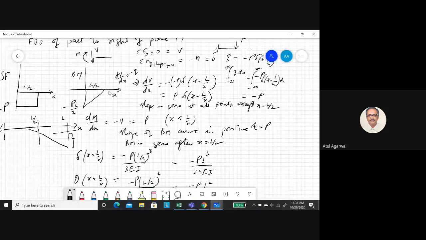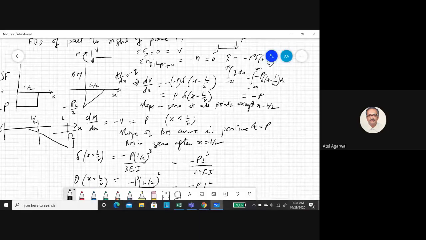So these equations work well for shear force and bending moment diagram. If you take the slope of this bending moment curve, it is equal to P, and shear force will be minus that slope. So that is matching. You can just cross check such stuff.